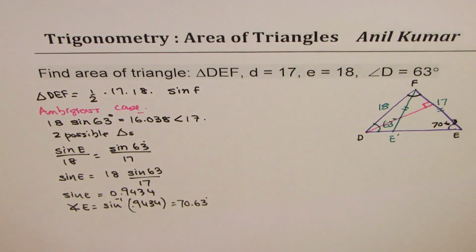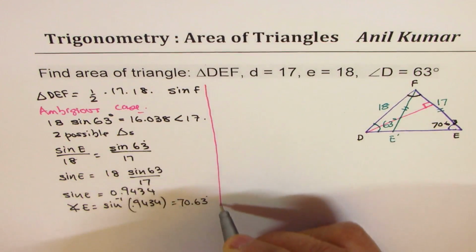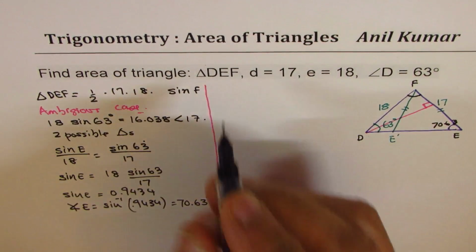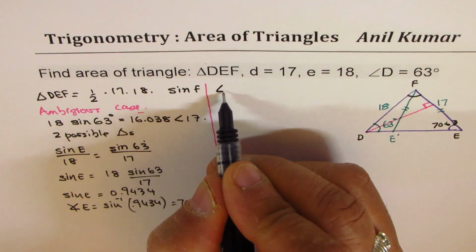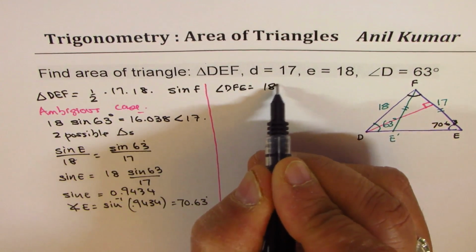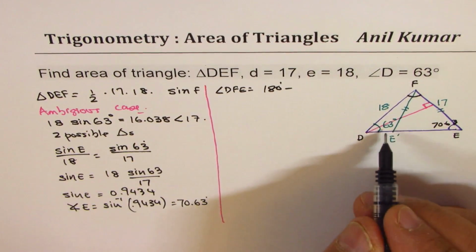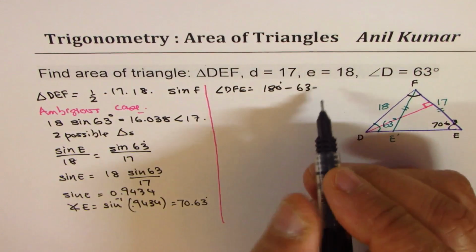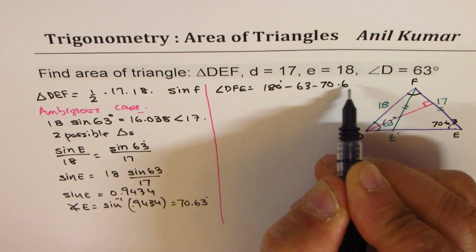Let's figure that out, right? So angle DFE will be equal to 180 degrees minus 63 minus 70.63.